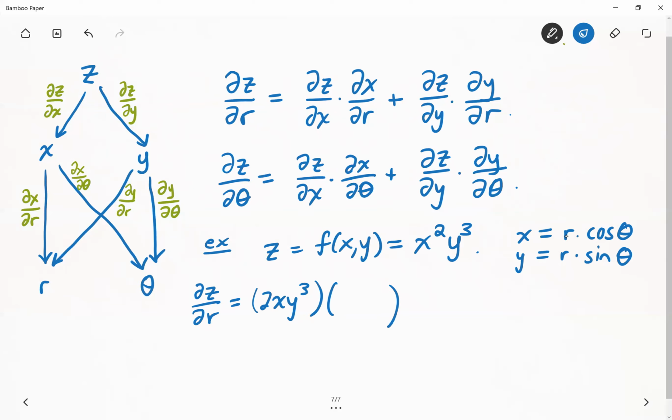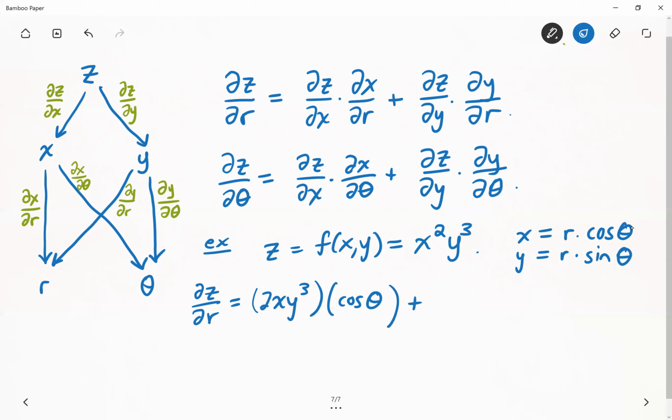R is your variable, which means theta is a constant. And cosine theta is, well, cosine of a constant, which is still a constant. Maybe an unusual looking constant, but this is r times a constant. The derivative of r times a constant is just that constant, cosine theta.